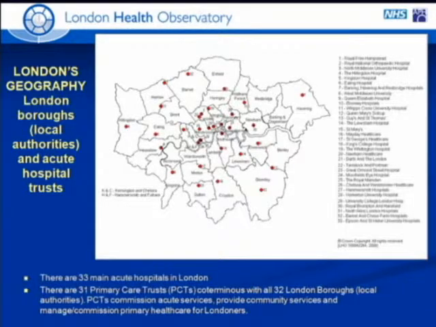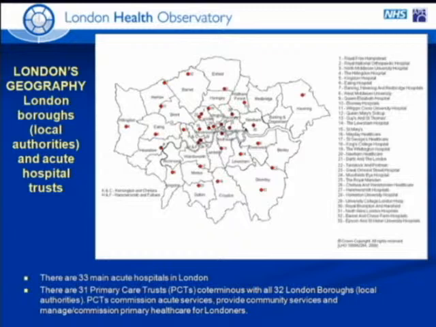I don't know if you can see that very well, but this is London's geography. We're a regional health observatory, and we serve the primary care trusts and the local government in London.